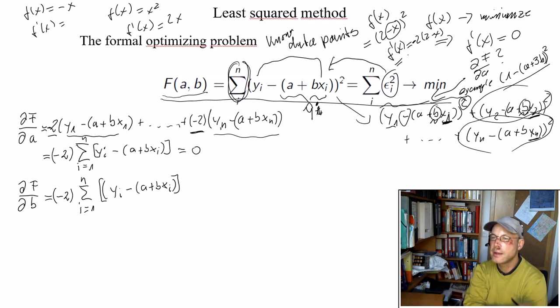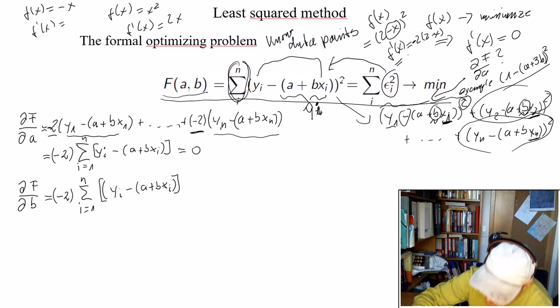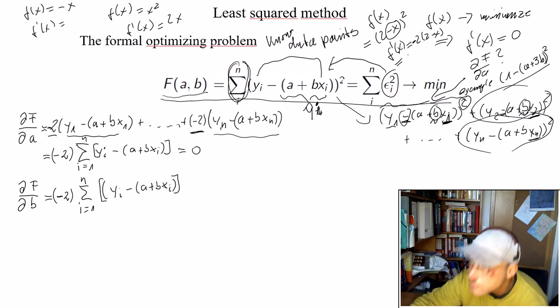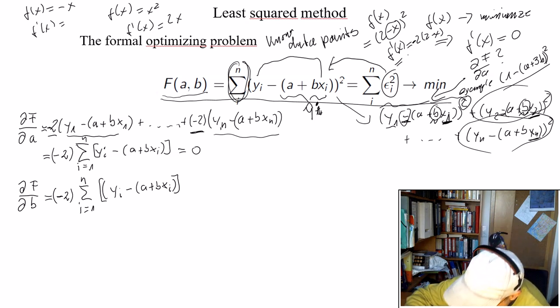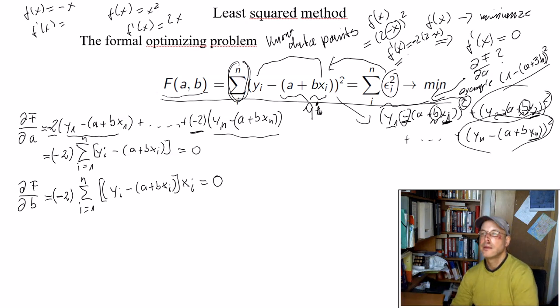So as the inner part of our derivative, we obtain not only the minus, which is coming from this part, but for every part of our term we also obtain x1, x2, x3, and so on. So times xi. And this we also have to set to 0. These two have to be set to 0 simultaneously.